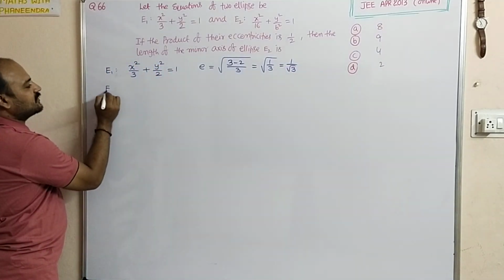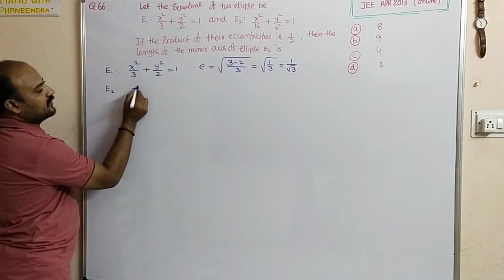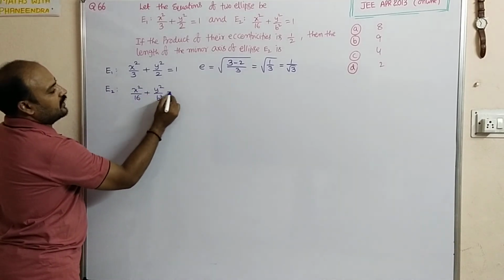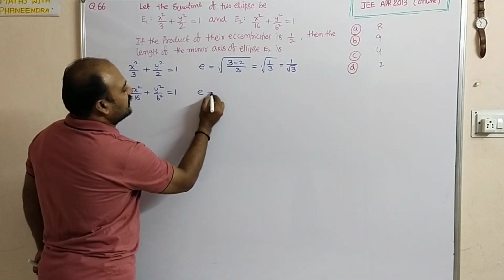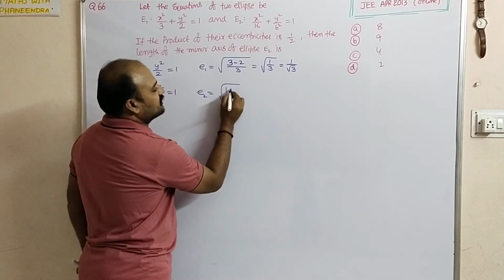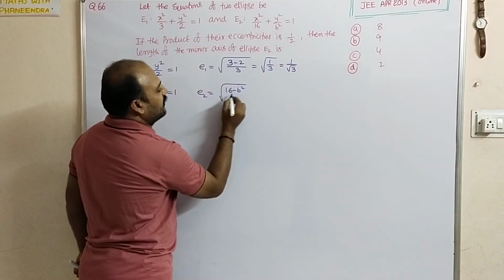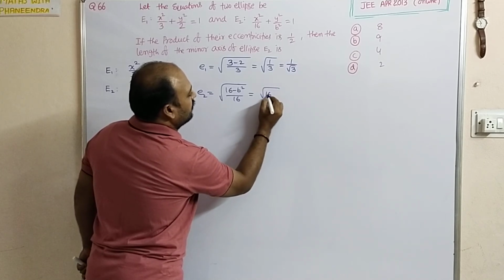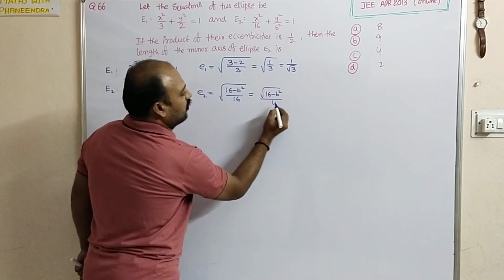Next, eccentricity of the second ellipse, x square by 16 plus y square by b square is equal to 1. e is equal to, this is e1, this is e2, square root of 16 minus b square divided by 16, which is equal to root of 16 minus b square divided by 4.